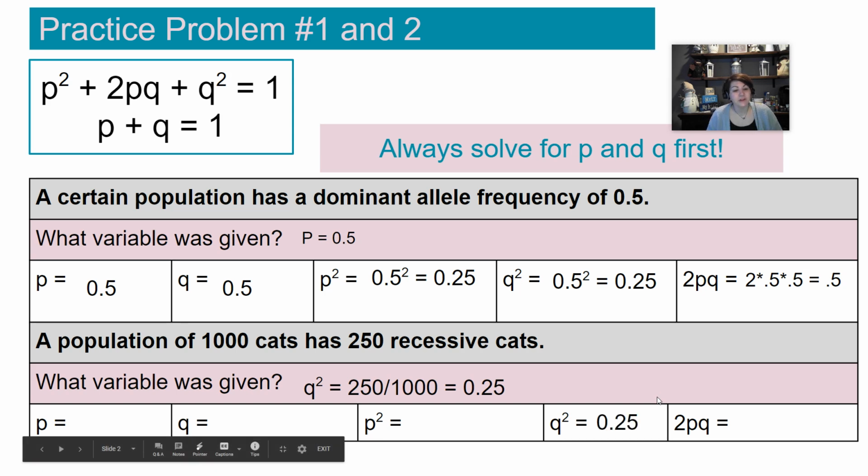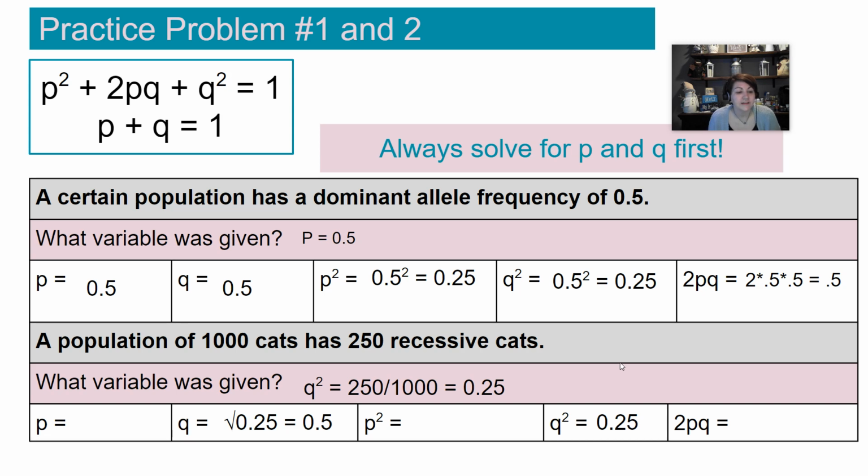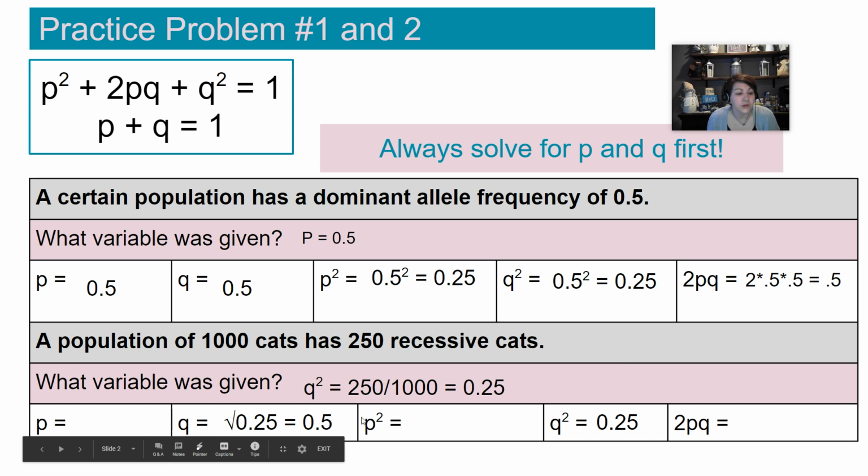Well, now I'm given Q squared. Again, I want to find P and Q. So right away, I'm going to find my Q value by taking the square root of 0.25. And that's going to give me 0.5 as Q. Well, if I know Q is 0.5, P has to be 0.5. Now I can use my P in P squared.